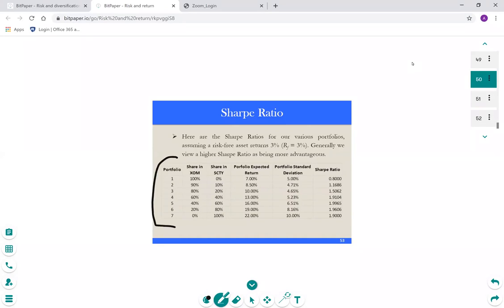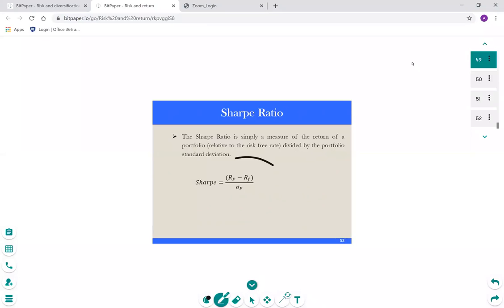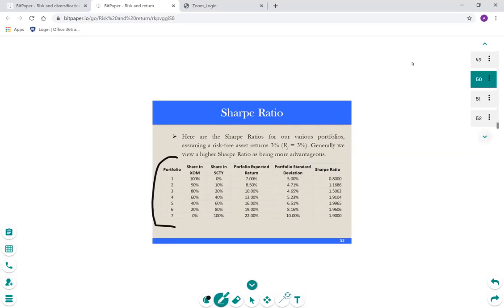So we do that for each of the shares. We plug those into this Sharpe ratio formula, and we can get a set of Sharpe ratios for each of the different portfolios. And we can see that one of these portfolios actually has the maximum Sharpe ratio. In that case, that would be portfolio 5. That has a Sharpe ratio of 1.99, which is higher than the Sharpe ratio for any other portfolio.